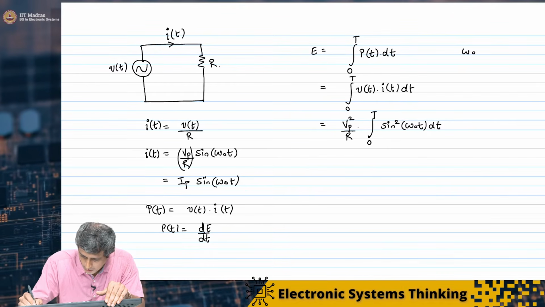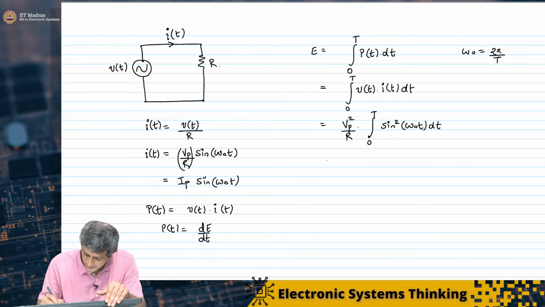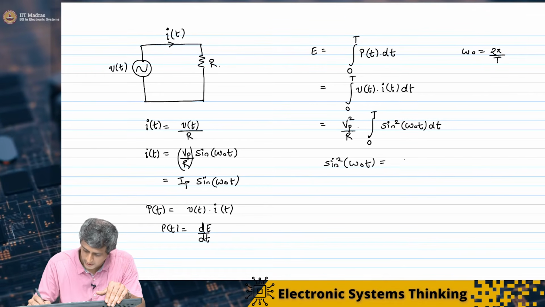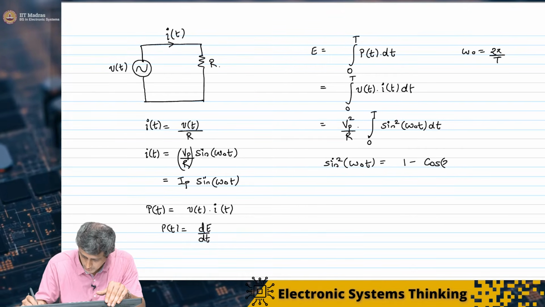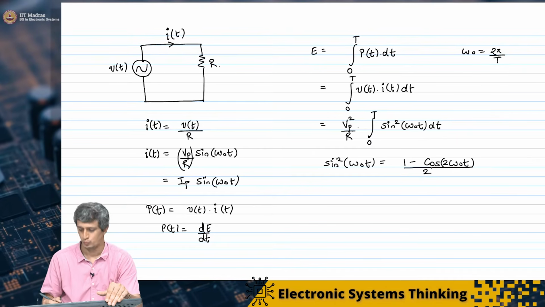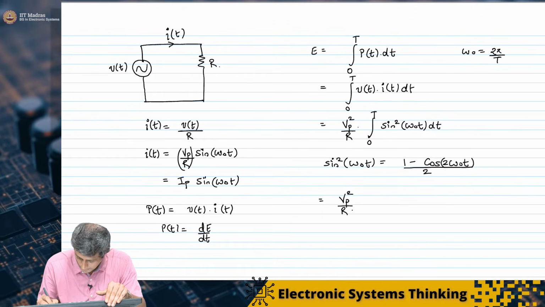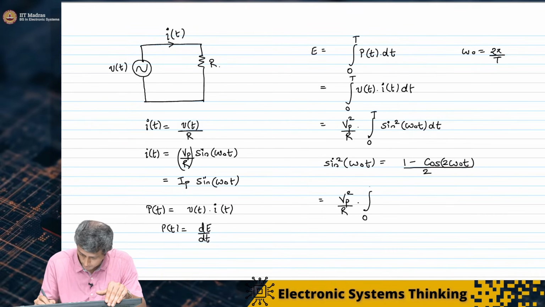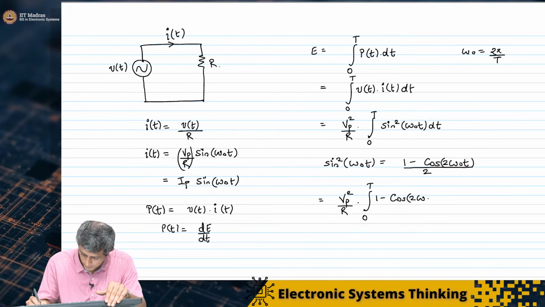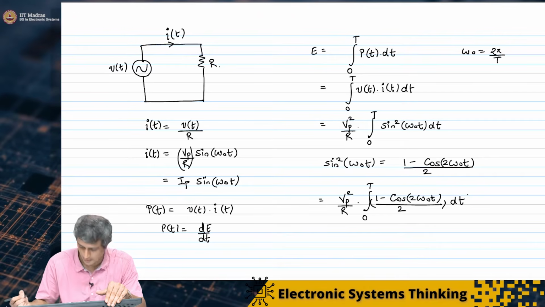Remember, omega naught is equal to 2 pi by T. So now I can write this sine squared omega naught t using trigonometric identities as 1 minus cos 2 omega naught t divided by 2. Therefore I can write this as Vp squared by R into the integral from 0 to T of (1 minus cos 2 omega naught t) by 2 into dt.